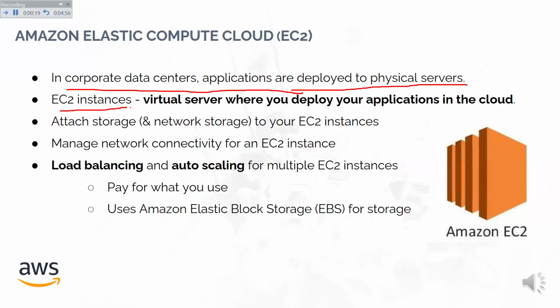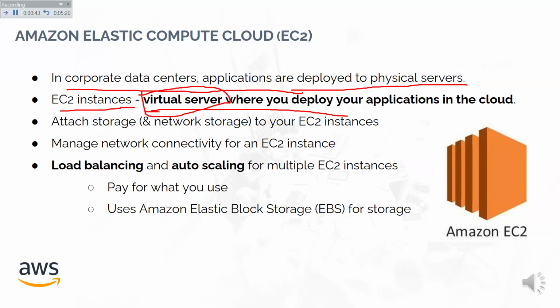An EC2 instance is nothing but a virtual server where you deploy your applications in the cloud. These virtual servers are hosted somewhere on physical servers. In AWS we are able to see only the virtual server, but in the background these virtual servers are running on physical machines, and those physical machines are at the AWS data center, correct?